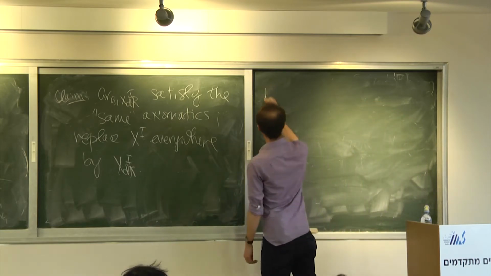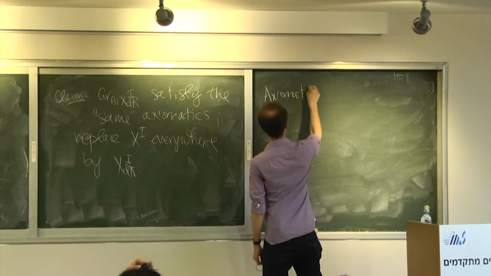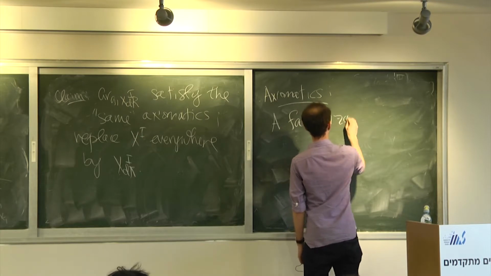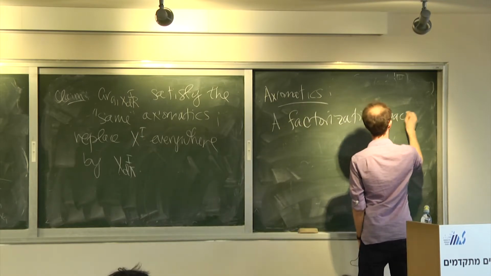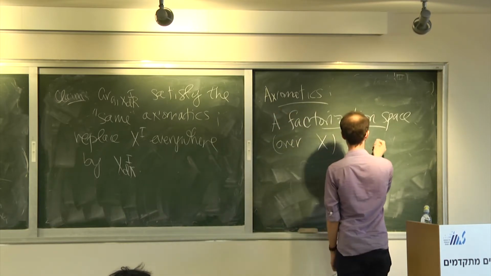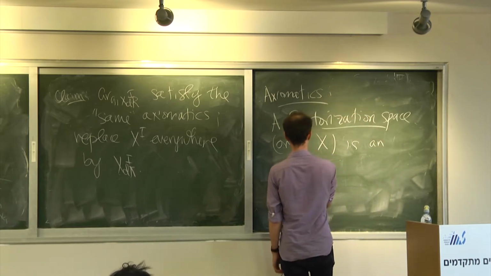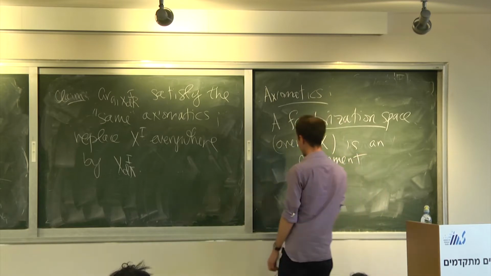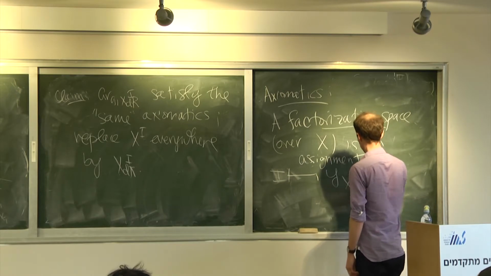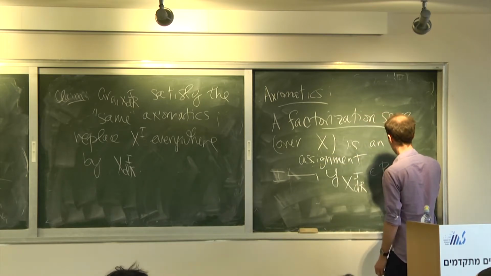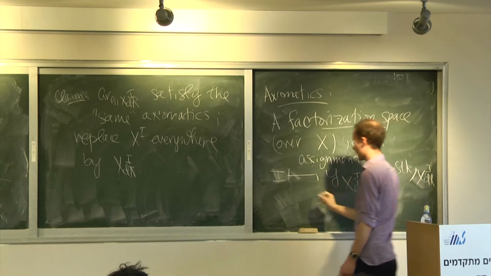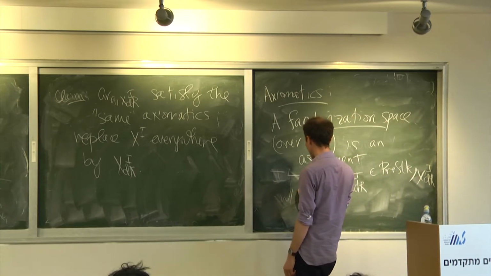Great. OK, so the axiomatics are that a factorization space over x is an assignment that sends every finite set I to some prestack y sub x derived to the I. It's a prestack with a map to x derived to the I, and satisfying our earlier axiom.